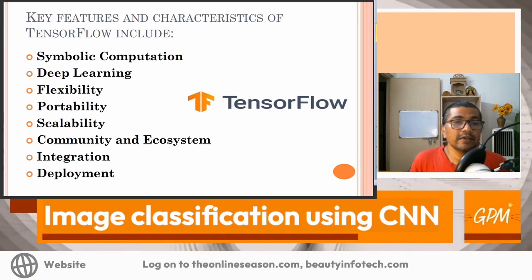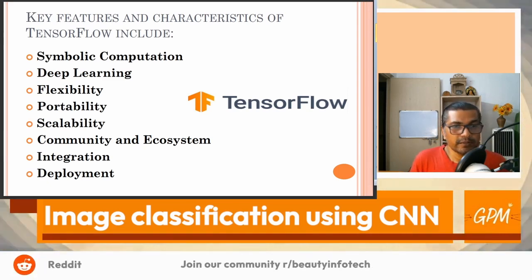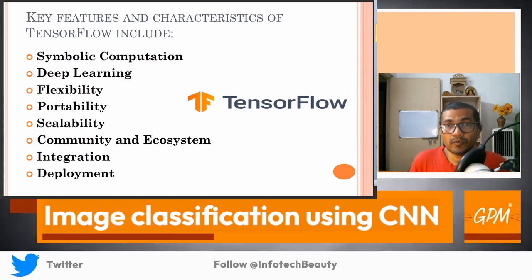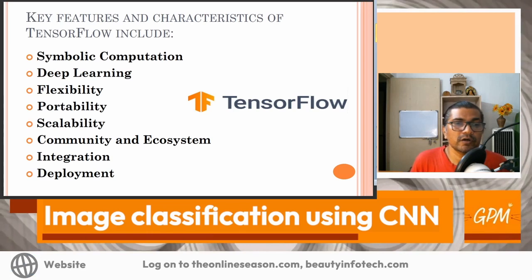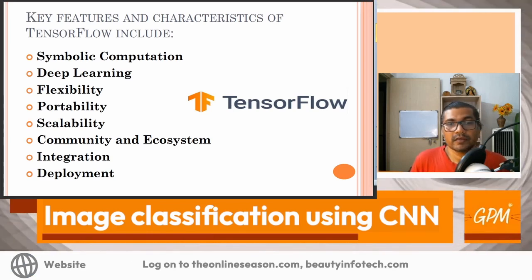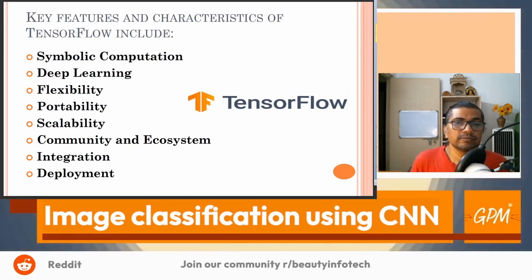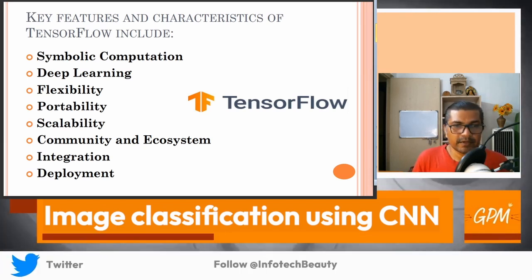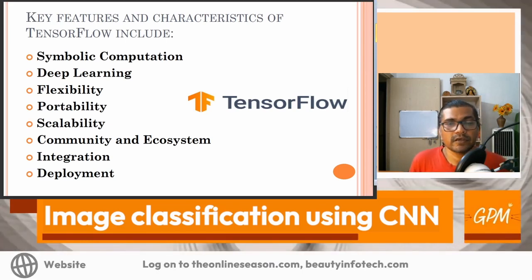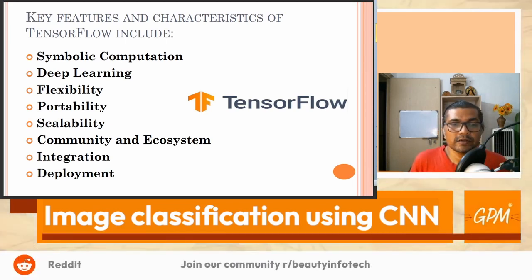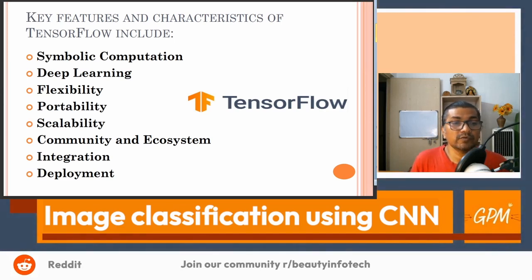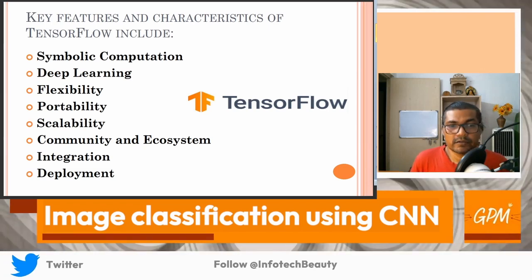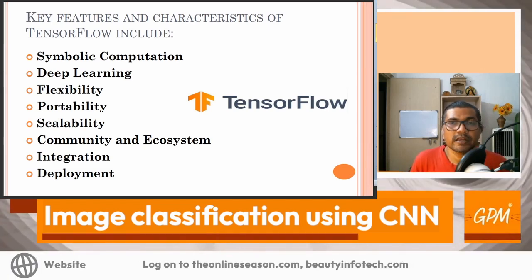Now it has a very significant part in deep learning. TensorFlow is particularly well suited for building and training deep learning models, including artificial neural networks, convolutional neural networks, recurrent neural networks, and many more. It offers flexibility with high level APIs like Keras, which we'll use in the example project, and which are easier for modeling and abstraction, as well as low level APIs useful for fine-grained control over the model architecture and training process.